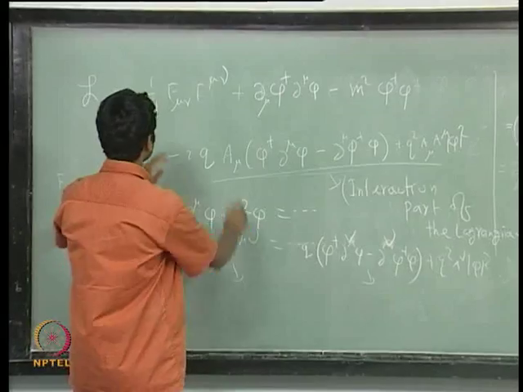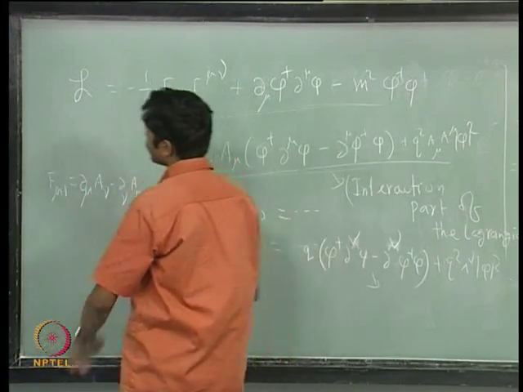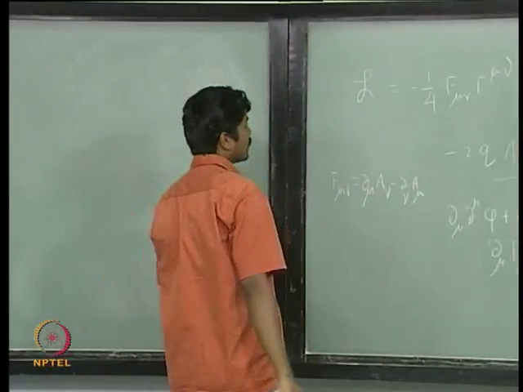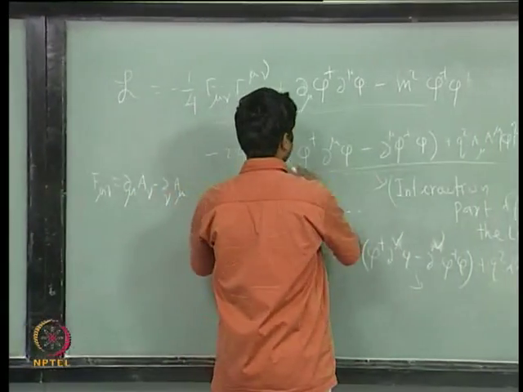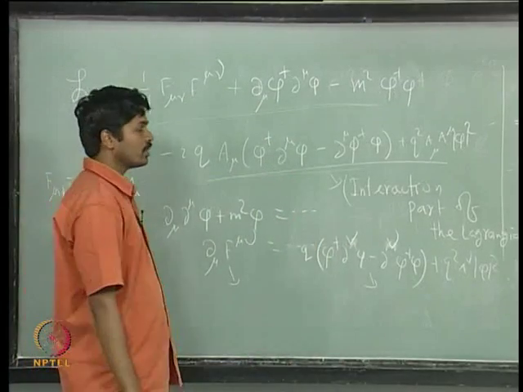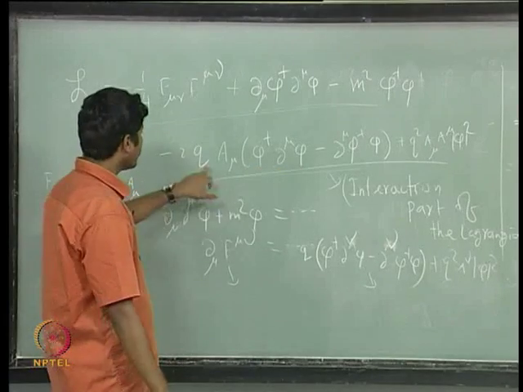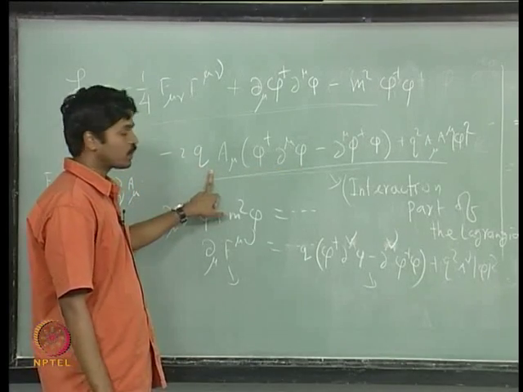Any field theory which has only quadratic terms in the fields is basically a free field theory, whereas if you have cubic or higher order terms, then those are the terms which introduce interaction in the theory. In fact, you need not have an additional gauge field here.